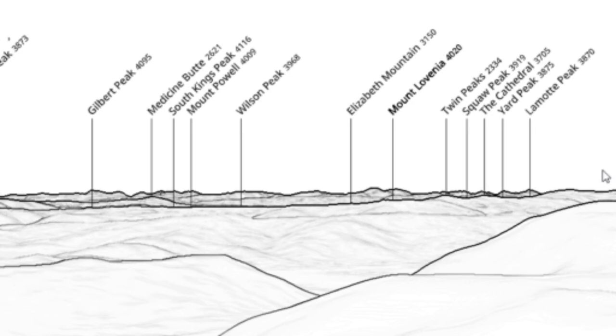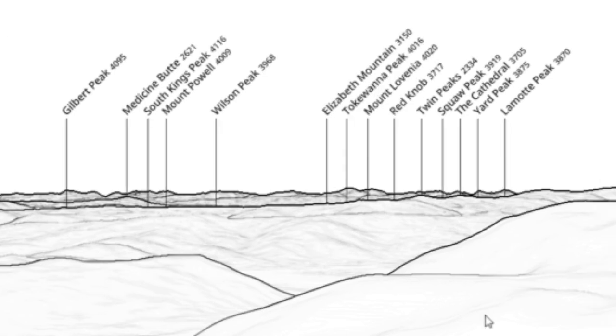From this location where I think this guy was standing, we are at a height of 2,319 meters. This particular mountain back here, Mount Lovenia, is 4,020 meters high and 148 kilometers away from our location. So far so good. This mountain here is about half as high, 2,500 meters, and only 28 kilometers away.